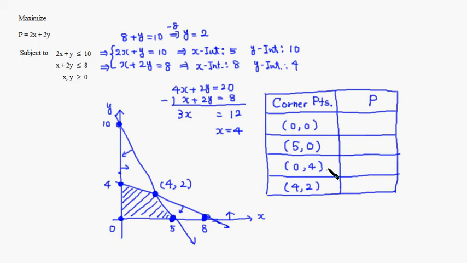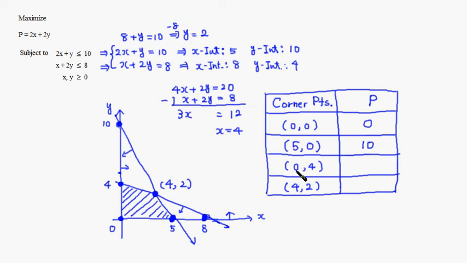Then we're going to compute the corresponding P-value for each corner point. 0, 0 is easier: you plug in 0, so P-value is 0. If you plug in 5, 0, 2 times 5 is 10, plus 2 times 0 is 0, so the P-value is 10.